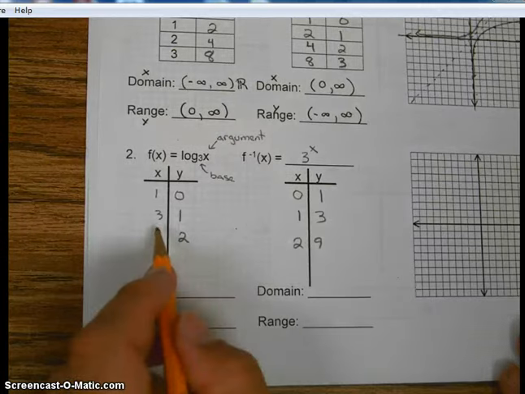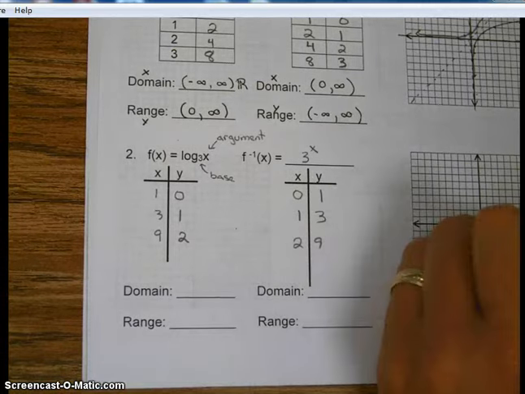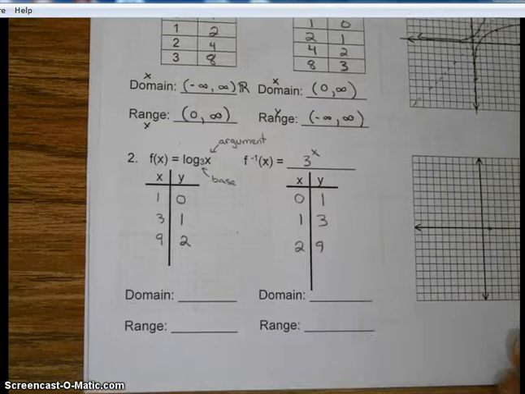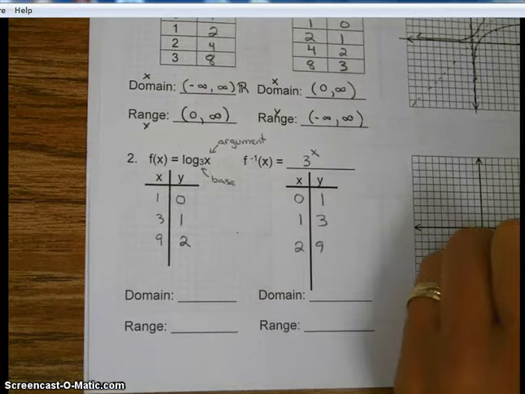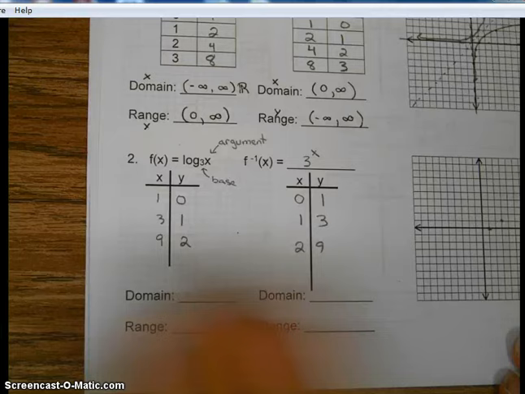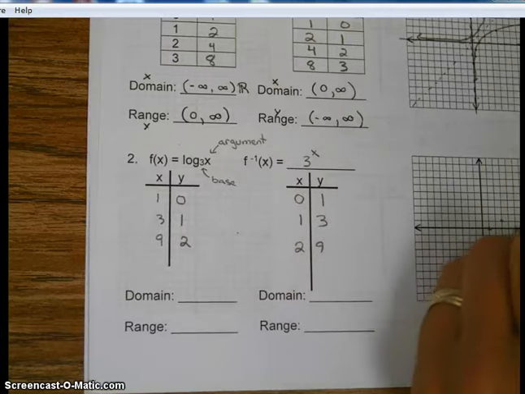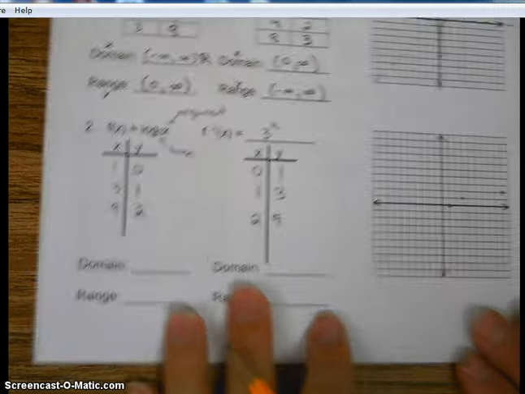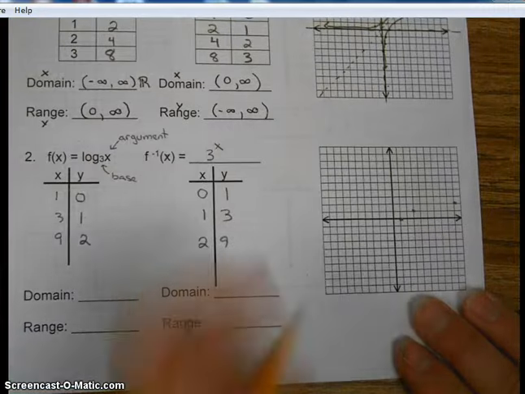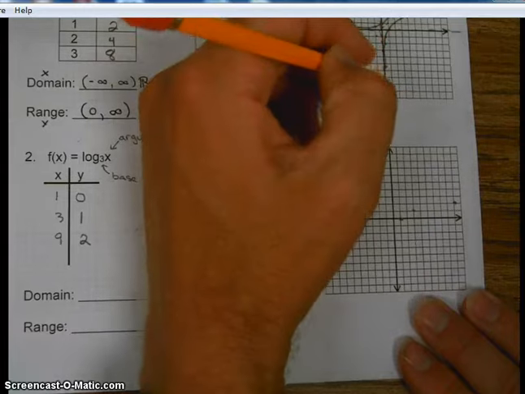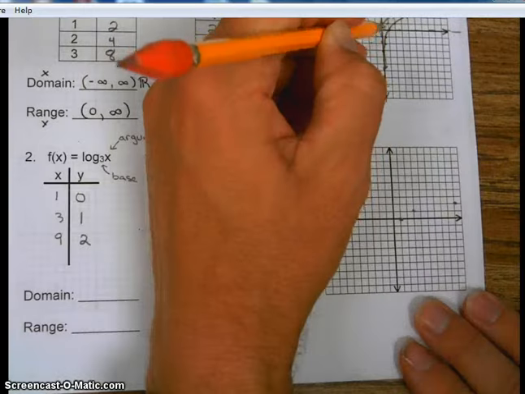And then we can graph them. So let's graph our logarithmic function first. So 1, 0, 3, 1, 9, 2. Okay, so recall that we have a vertical asymptote right here on the y-axis.